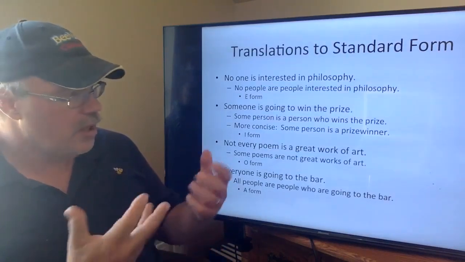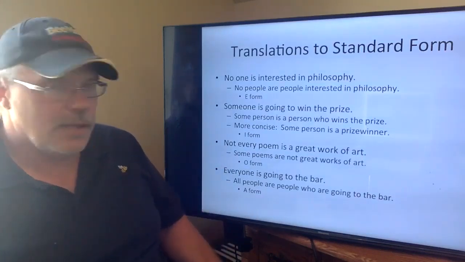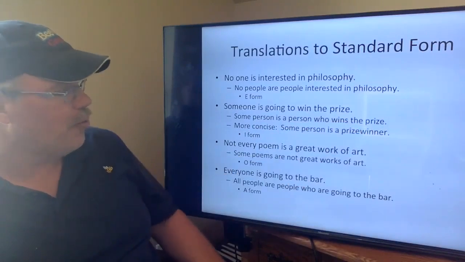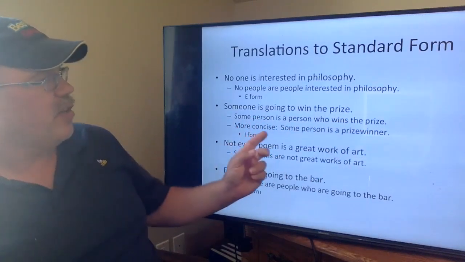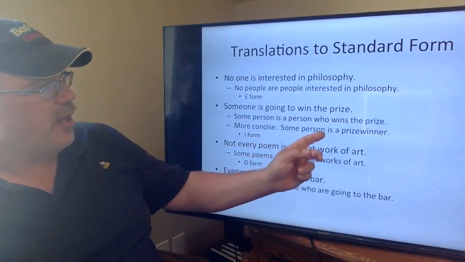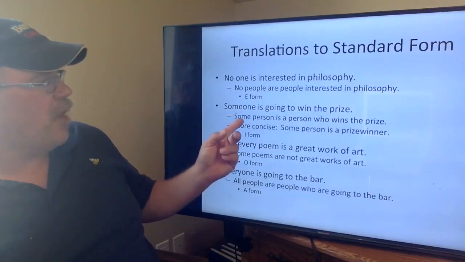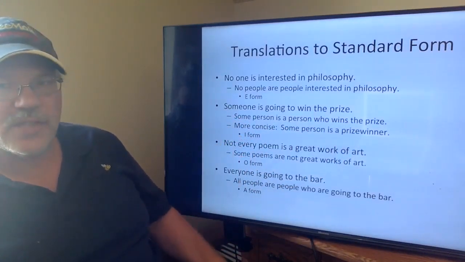But you'll see me try to be clever once in a while as I try to make it not quite so horribly awkward. The awkward way is the technically precise way. The concise way is just a little cleaner. Once we have some and no nots anywhere, then we think that's an I form.